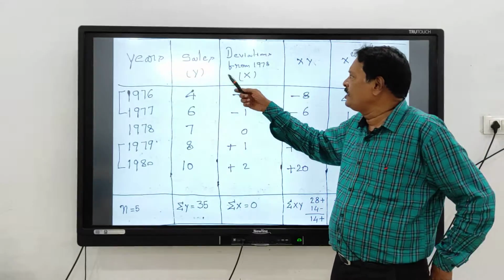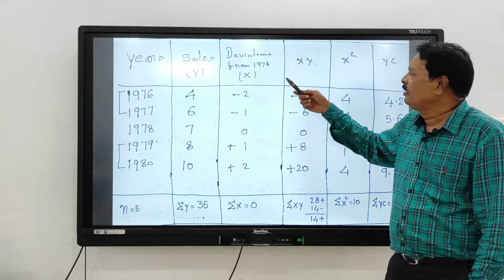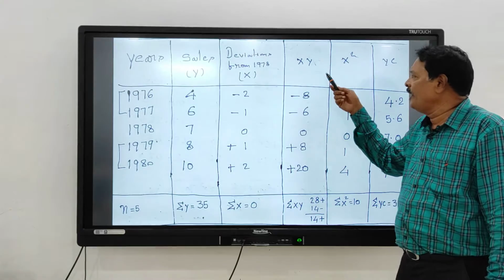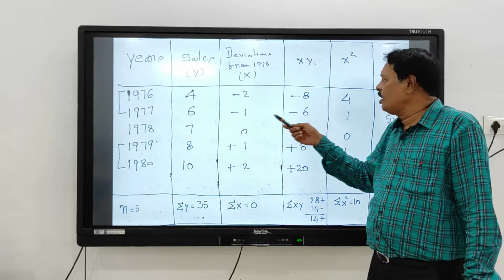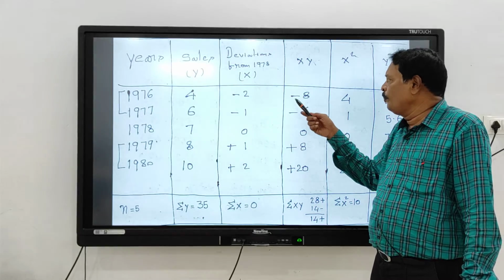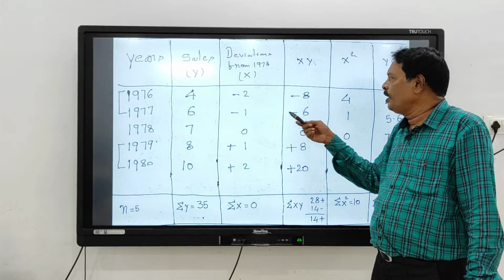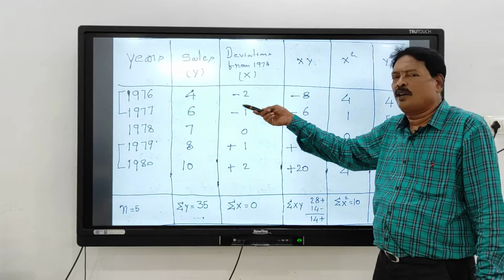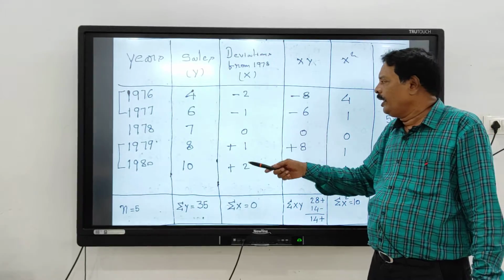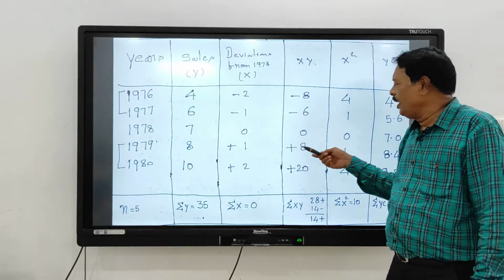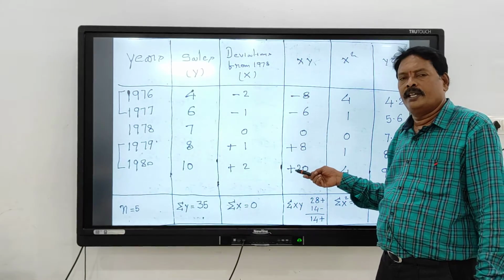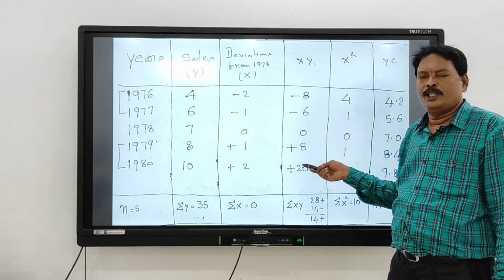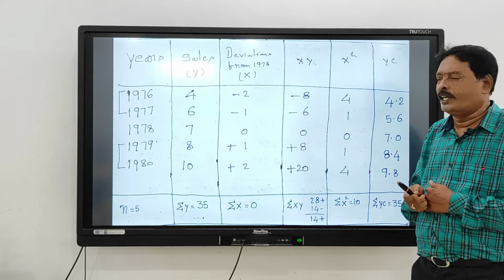When you multiply the sales with the deviations, that means x into y, xy: 4 2s are 8, 6 1s are 6. You simply put a minus mark because these deviations are minus values. Like this, 8 1s are 8, 10 2s are 20. These are plus marks, positive results.